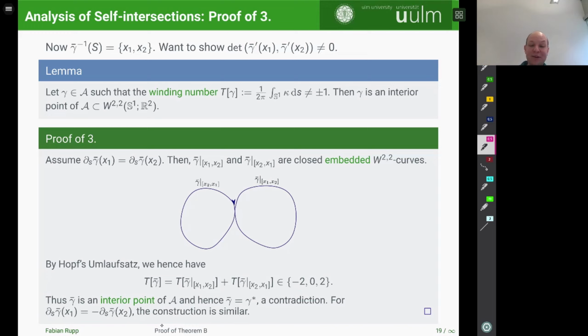A similar contradiction you can deduce if you assume that the two tangents are anti-parallel and have opposite signs. But I don't want to discuss this in detail.